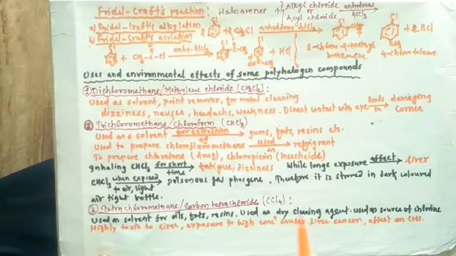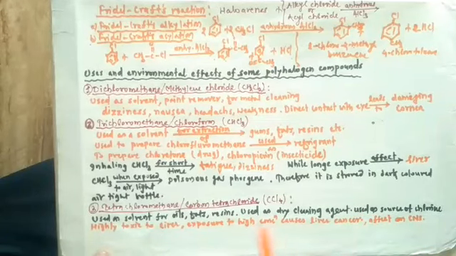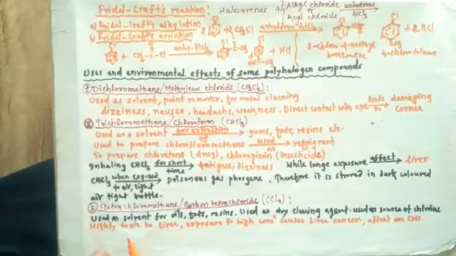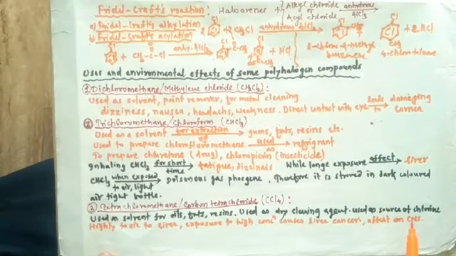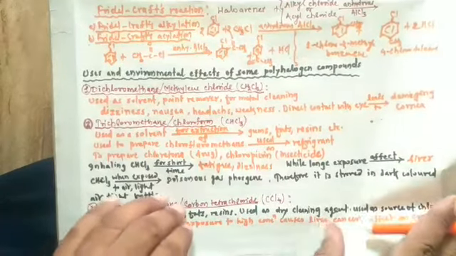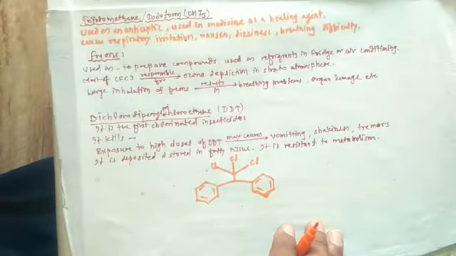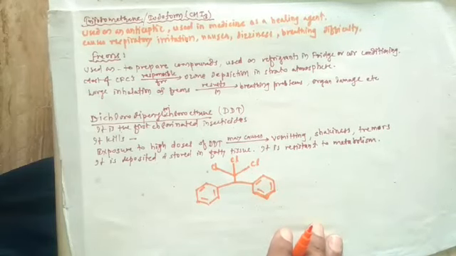It is also used as a dry cleaning agent and as a source of chlorine. It is highly toxic to the liver, and when exposed to higher concentration, it may cause liver cancer also. It also affects the central nervous system. So these are the different disadvantages of tetrachloromethane or carbon tetrachloride.